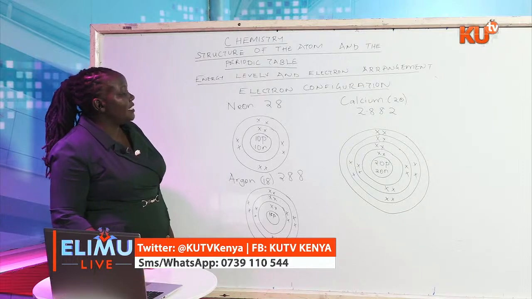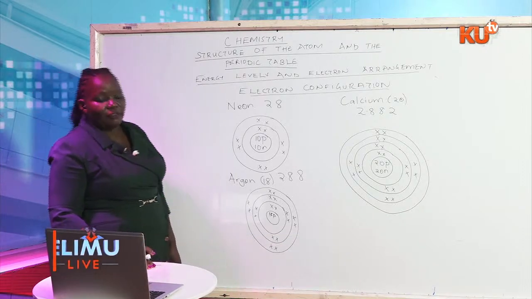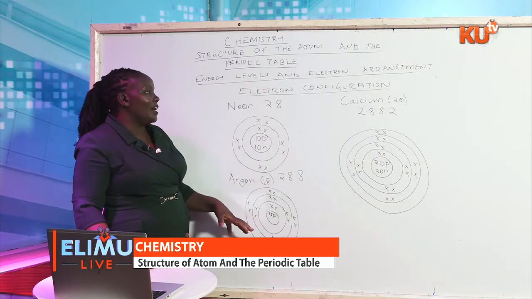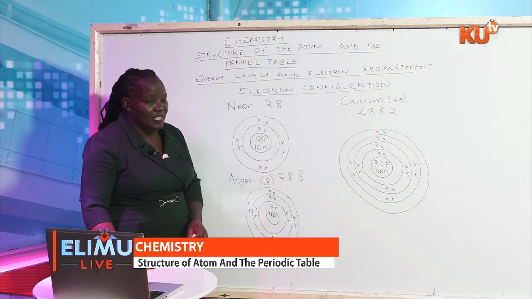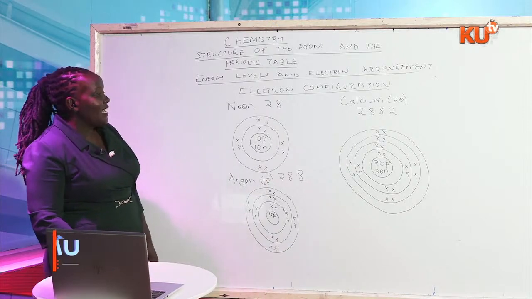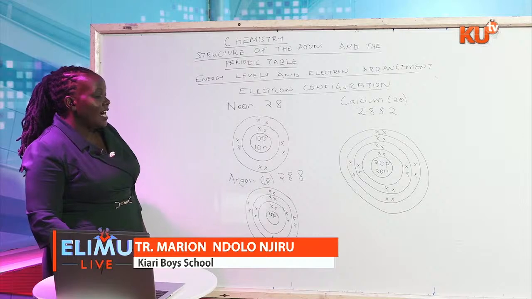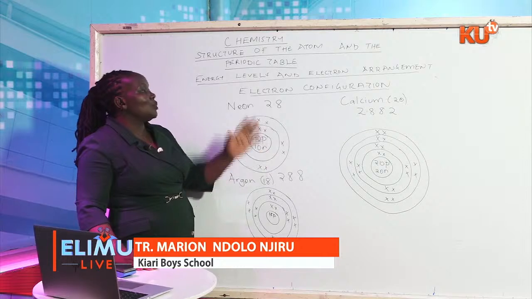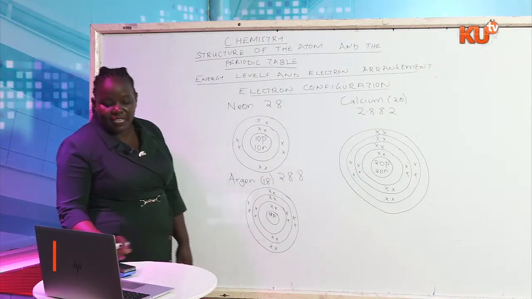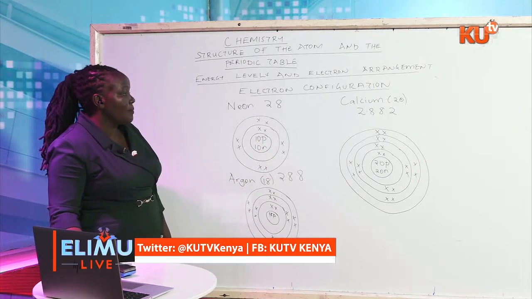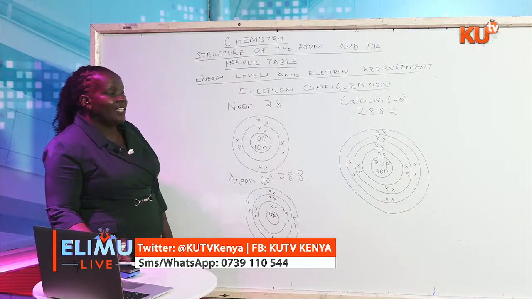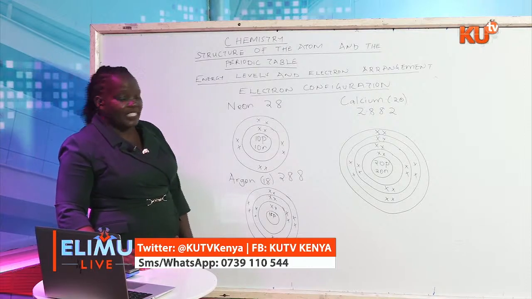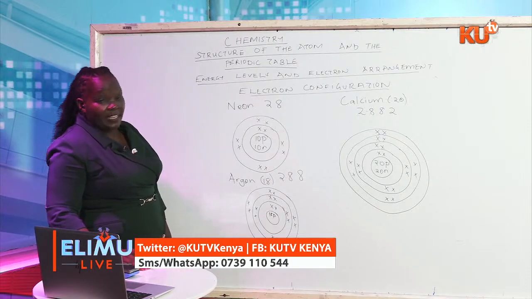Then electron arrangement. We have talked about different examples of how the electrons distribute themselves in energy levels. And we have seen that this distribution of electrons in the energy levels is what we are referring to as electron arrangement or electron configuration. And it will depend on the number of electrons in a given atom. Then we have looked at the diagram.